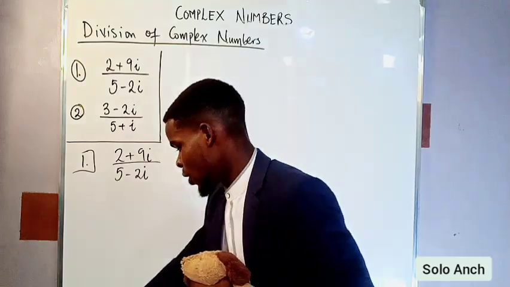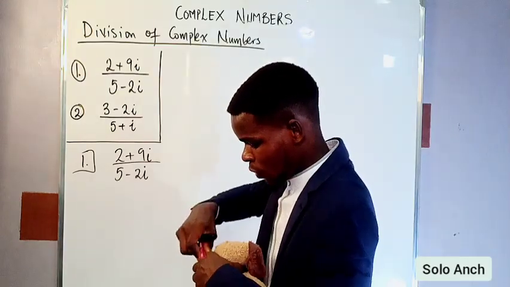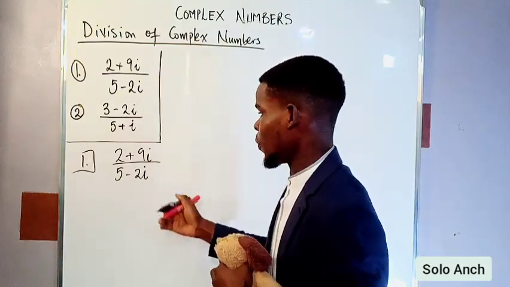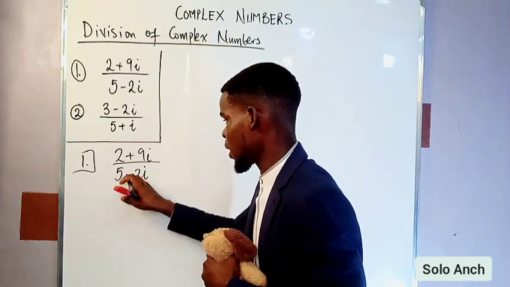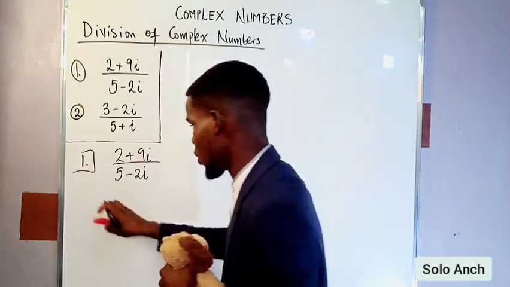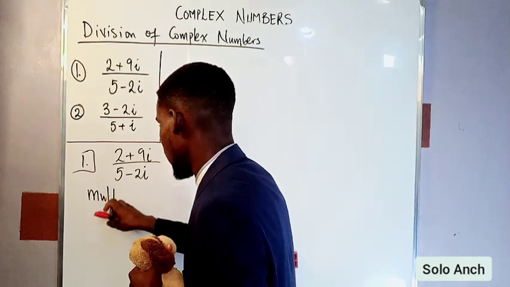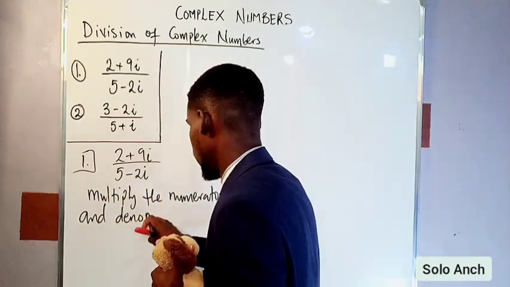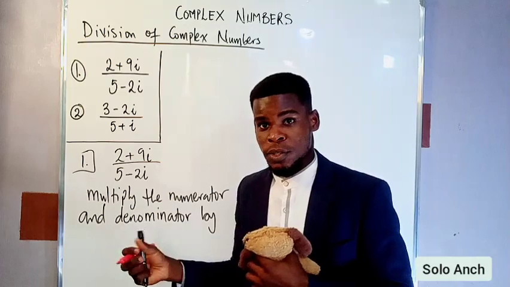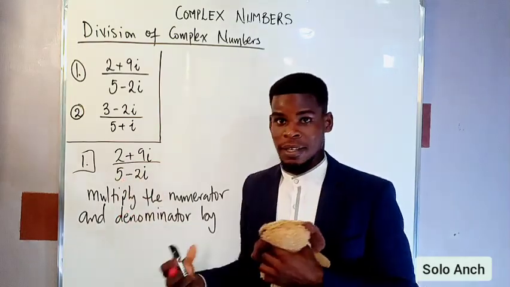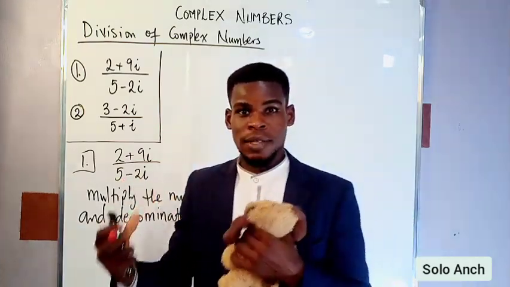From what we discussed in our previous video, I'm going to multiply this by the complex conjugate of this denominator. The complex conjugate of 5 minus 2i is 5 plus 2i. What we do is change the sign of the imaginary part of a complex number to get its conjugate. Since this is minus, the conjugate will be 5 plus 2i.